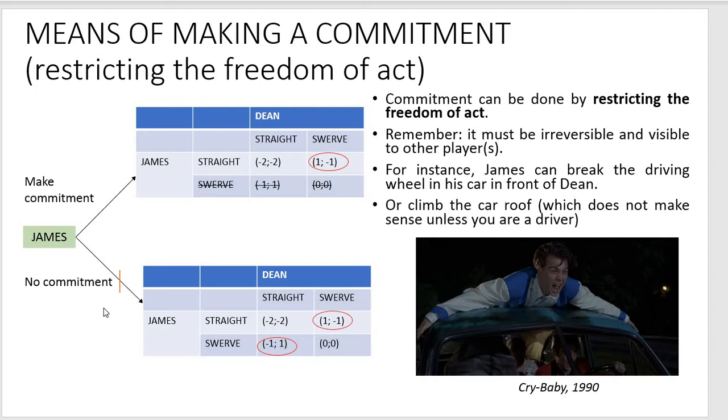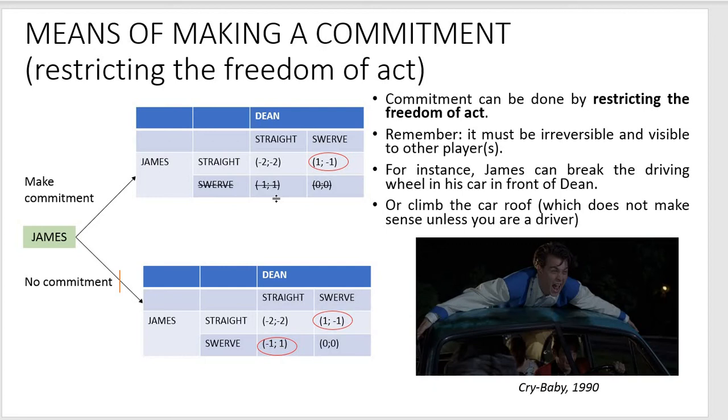if there is no commitment. However, assume that James actually makes a commitment. So James tells Dean that he is going to go straight regardless of what is going to happen. The reasonable question is how to make Dean believe that James will go straight regardless of what is going to happen.